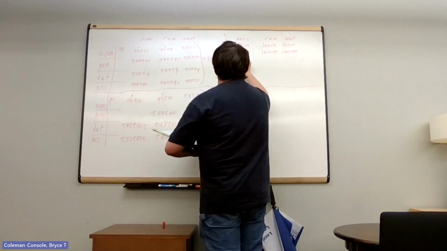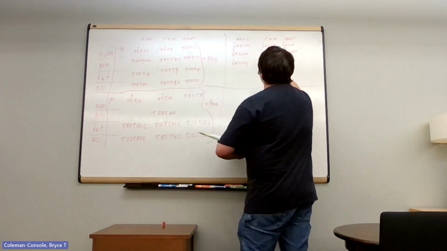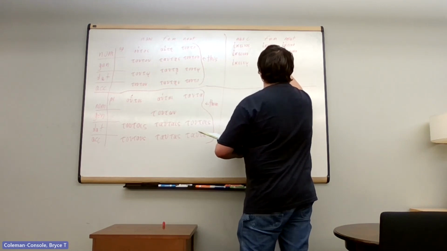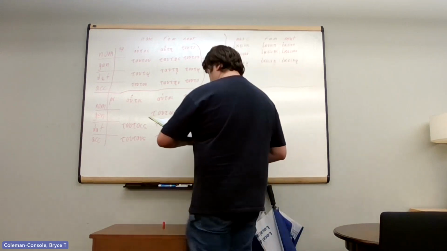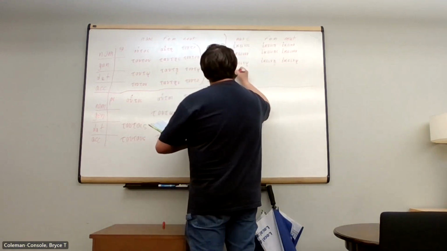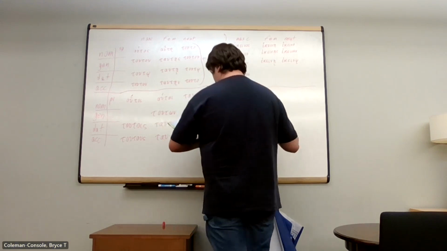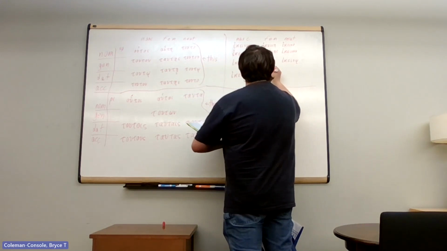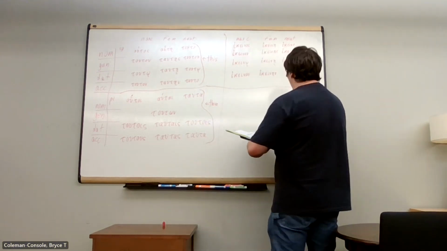You can kind of guess where this is all going to go, right? By this point. Ekeinos, ekeinē, ekeino. Ekeinou, ekeinēs, ekeinou. Ekeinō, ekeinē, ekeinō. Ekeinon, ekeinēn, ekeino.